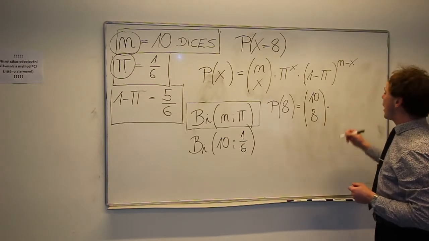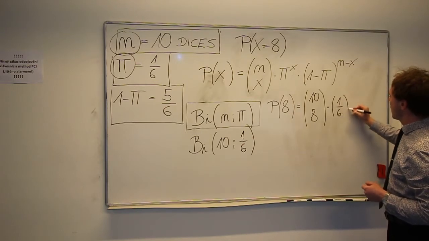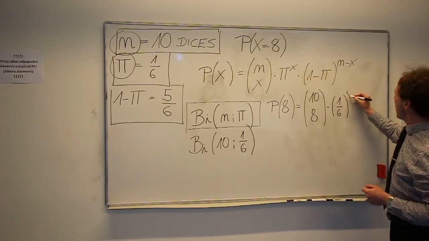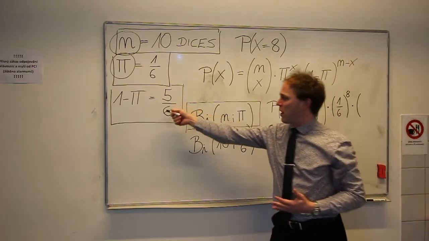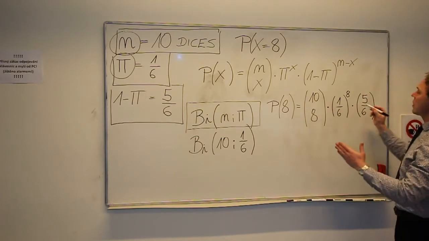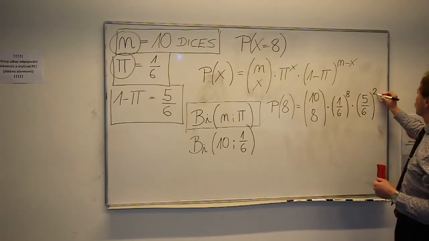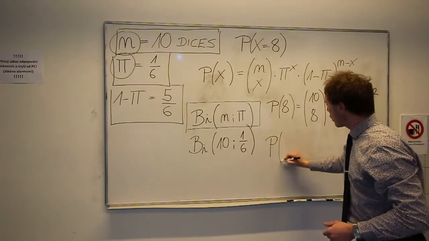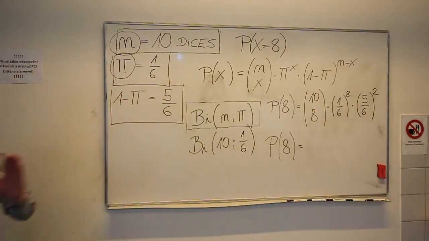This will be multiplied by probability 1 divided by 6 powered by x, 8 times, and there is 1 minus p, 5 divided by 6 powered by n minus x, 10 minus 8 is equal to 2. Yes? So again, you remember from the previous seminar how we can calculate the combination number.